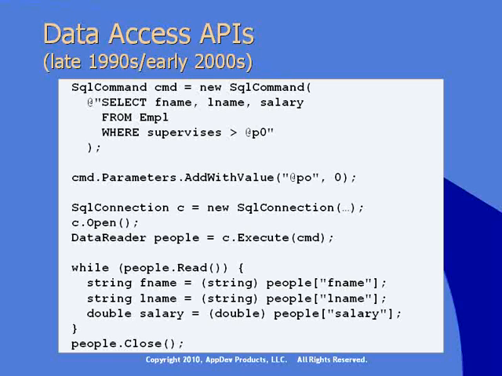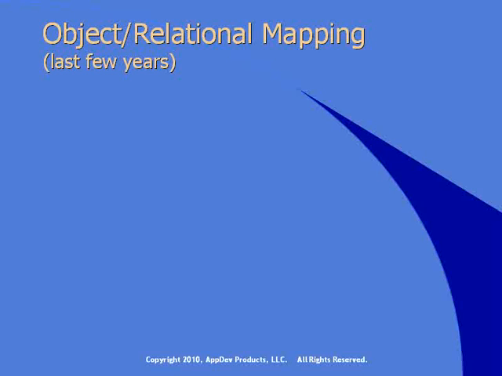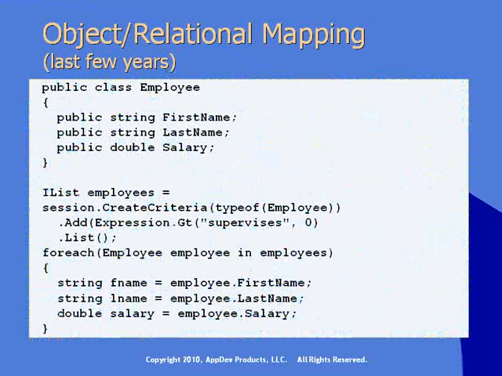Now, over the last few years, object relational mapping has become a feature of various tools. In C# you might see code like this that allows you to express a map between data and code.